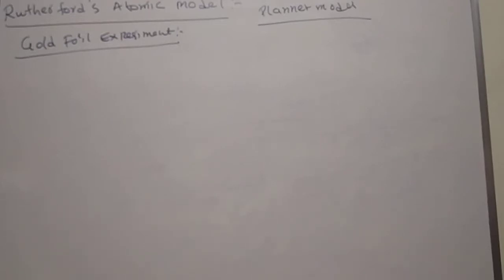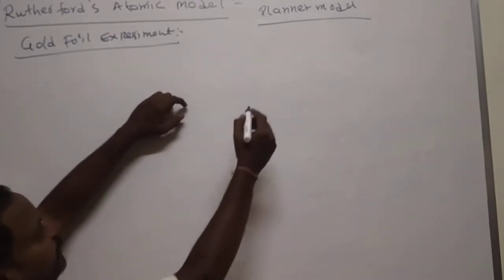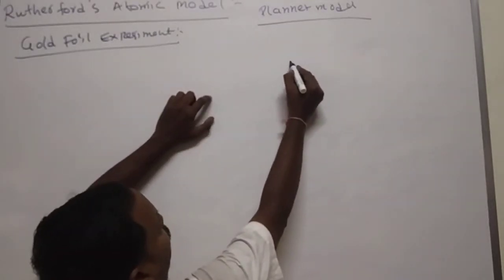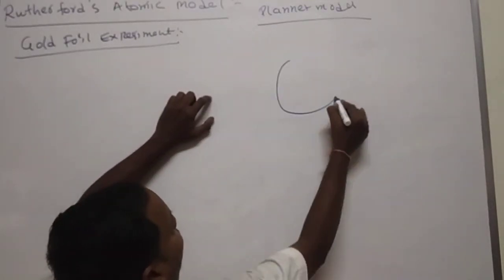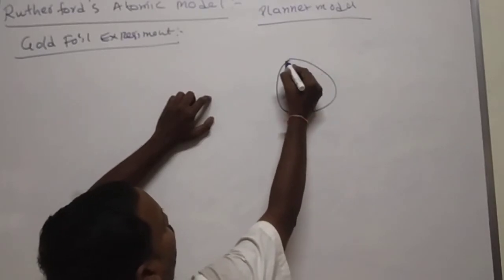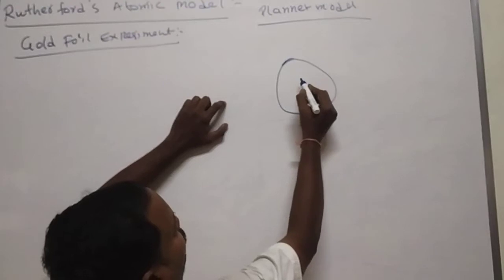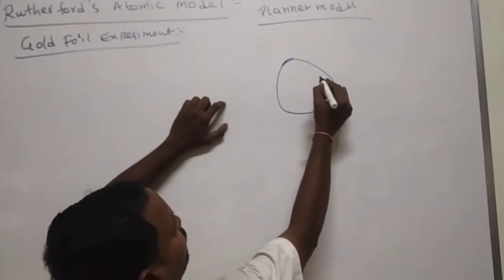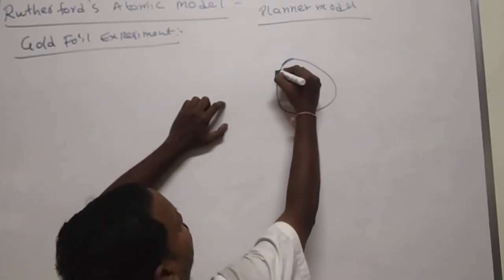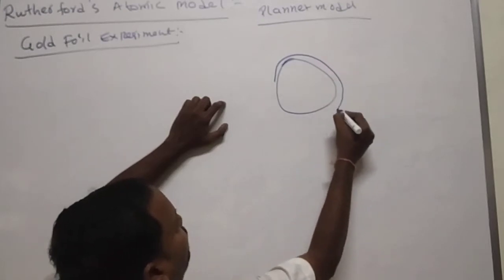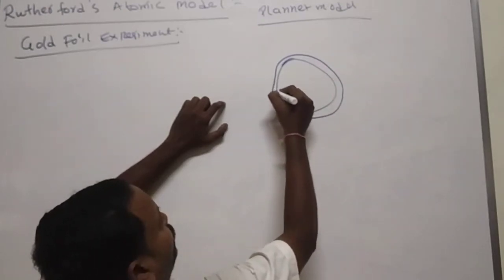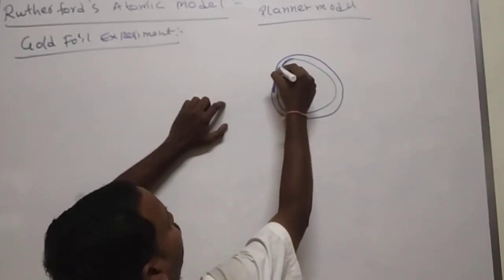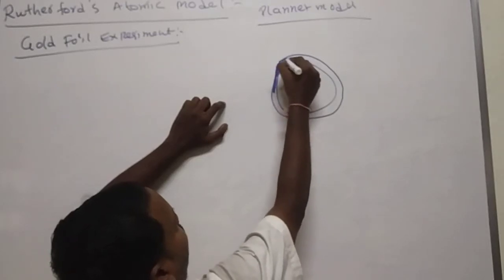What is the gold foil experiment? Here he took one gold foil. Gold foil is a spherically shaped instrument. He kept the gold foil, and around this complete gold foil instrument he kept one fluorescent material.